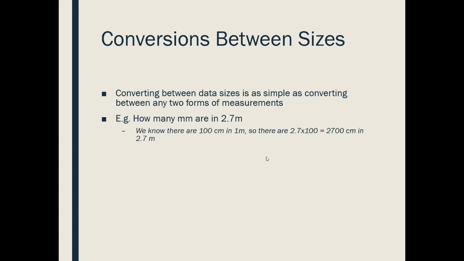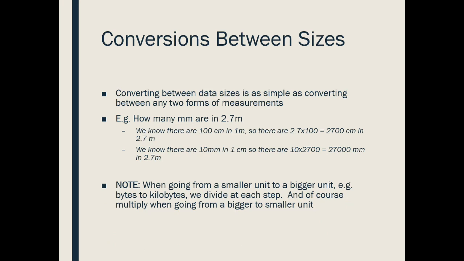Now we got to go one more step here, and we got to multiply by 10 because there's 10 millimeters in 1 centimeter. So that means that we have 10 times 270, or 2,700 millimeters in 2.7 meters. So it's not a single step process. We have to step through it one piece at a time.